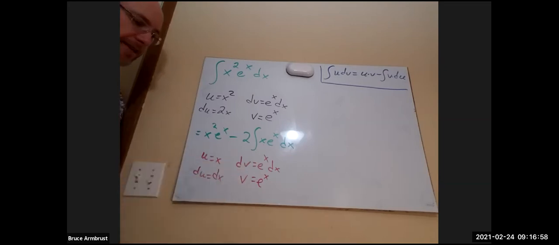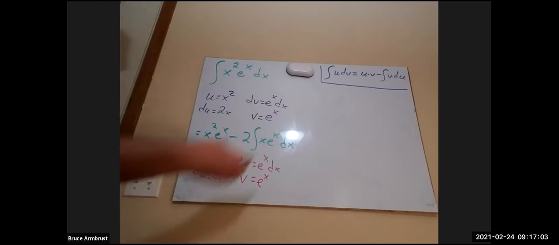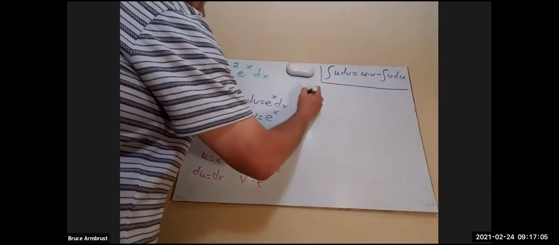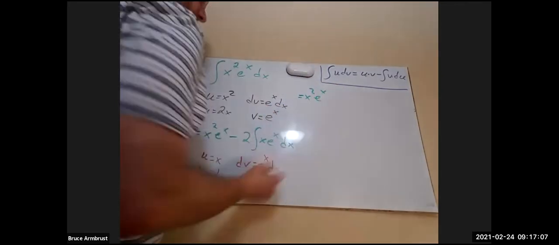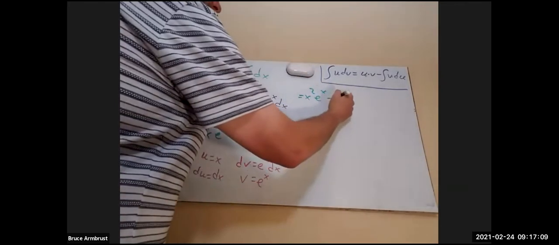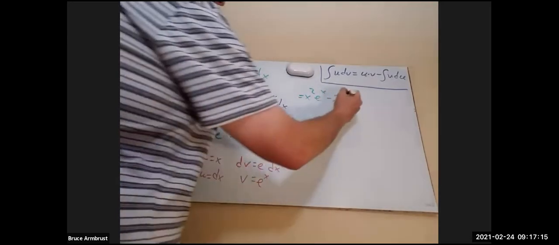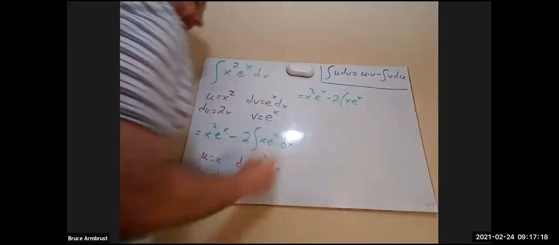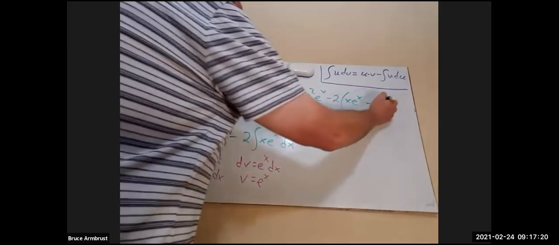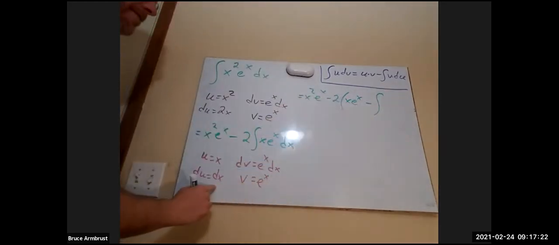I differentiate and I integrate, and then I put this all together. Here's where we are: we had the x squared e to the x from the first piece, minus 2 times, now putting in the integration by parts, u times v, so x e to the x minus the integral of v du.